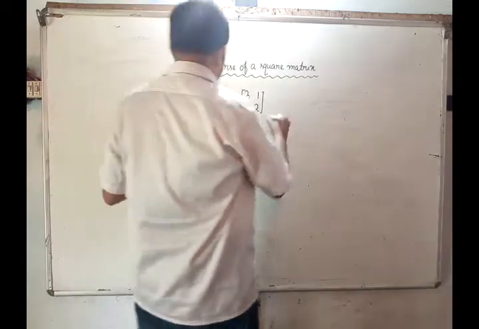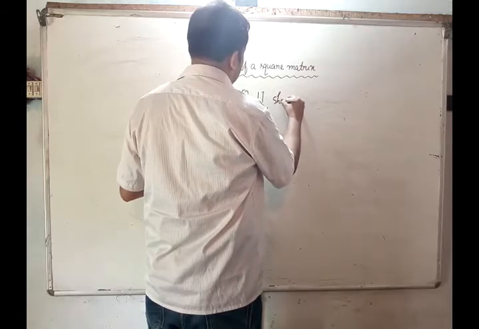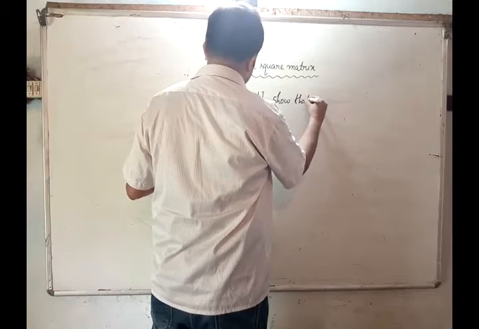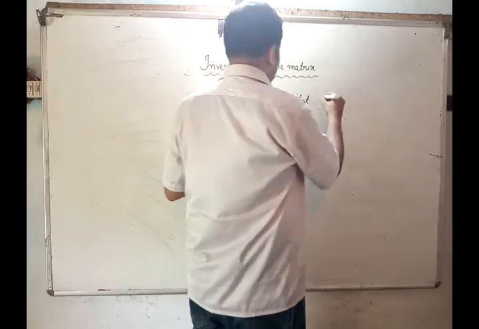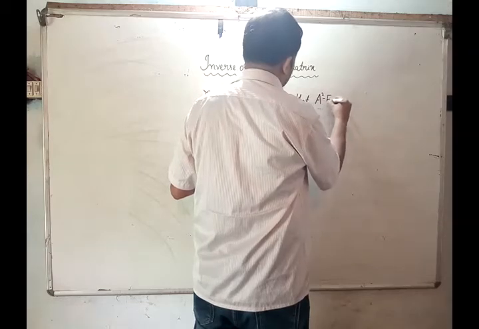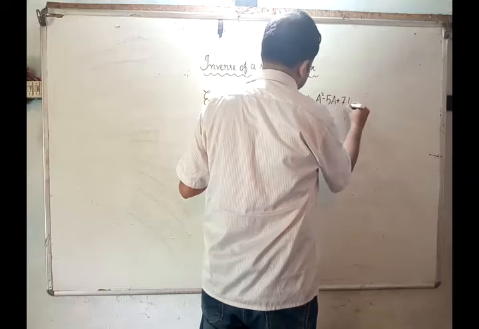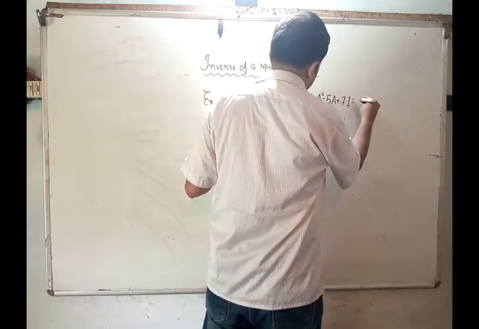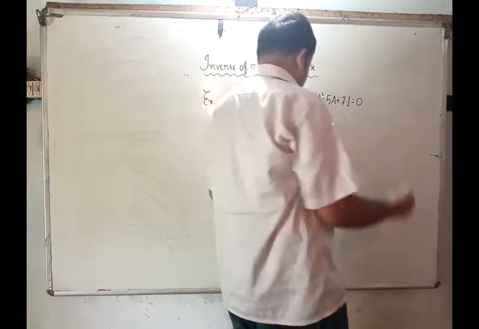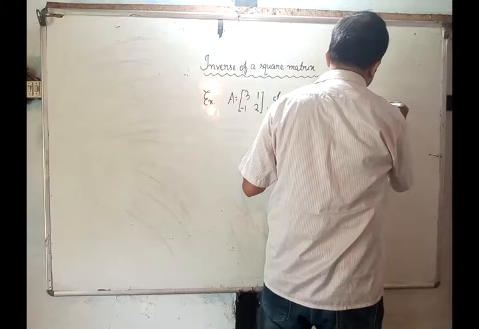We have to show that A squared minus 5A plus 7I equals 0, and hence find A inverse.